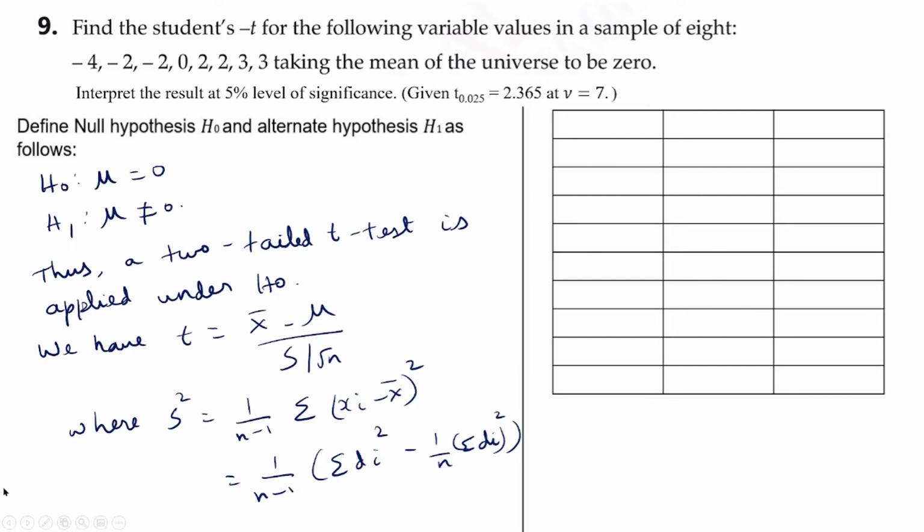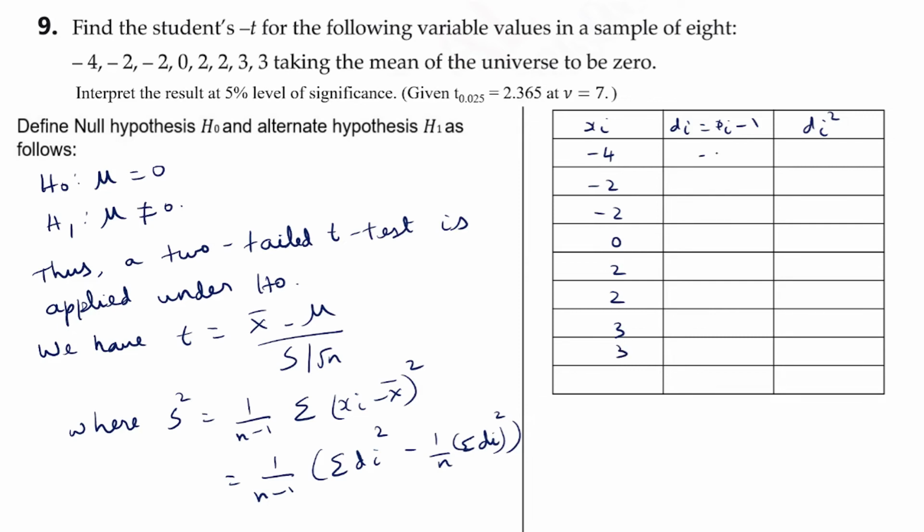So here we have xi. Let us take the assumed mean as 1, xi minus 1 is di, and then di square. For xi the values are minus 4, minus 2, minus 2, 0, 2, 2, 3, 3.